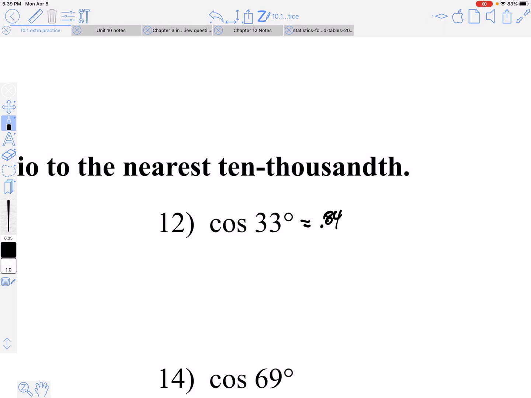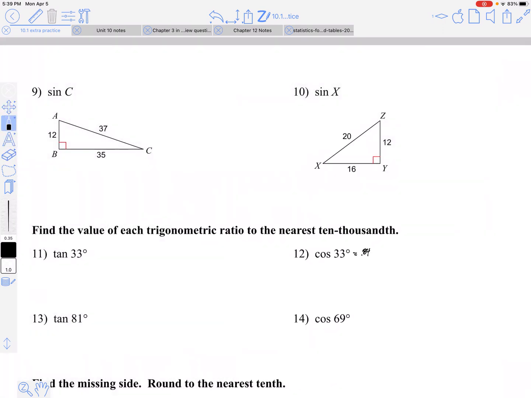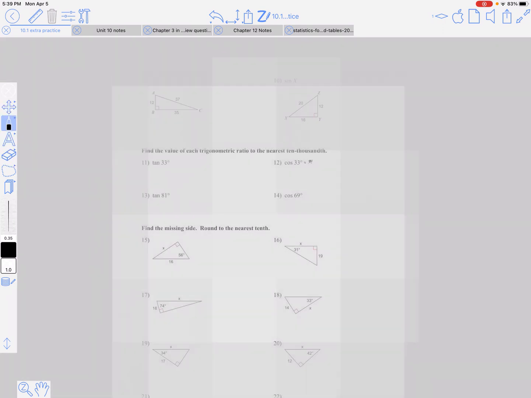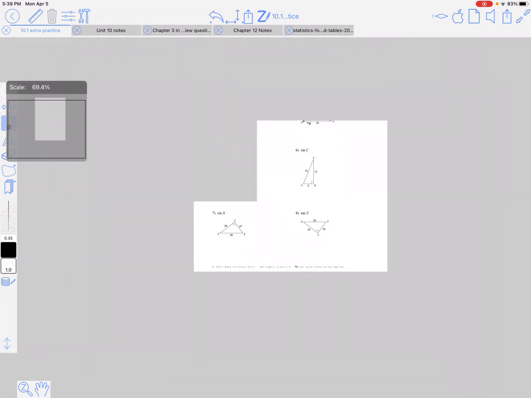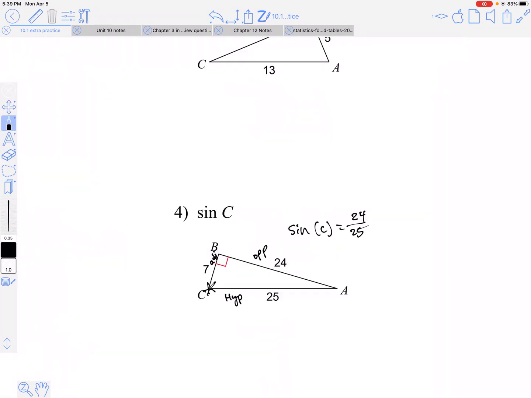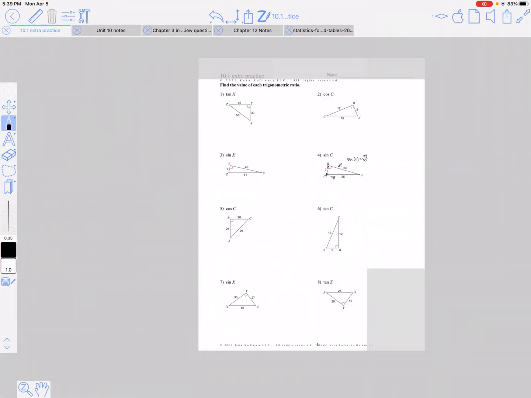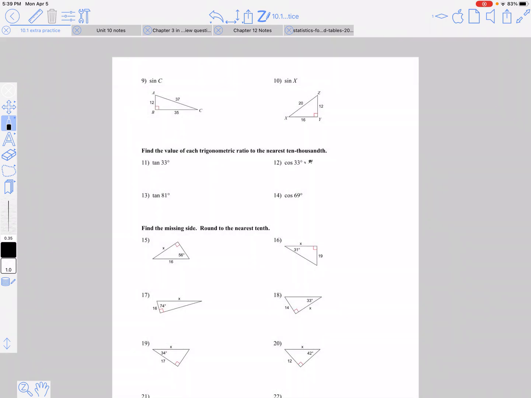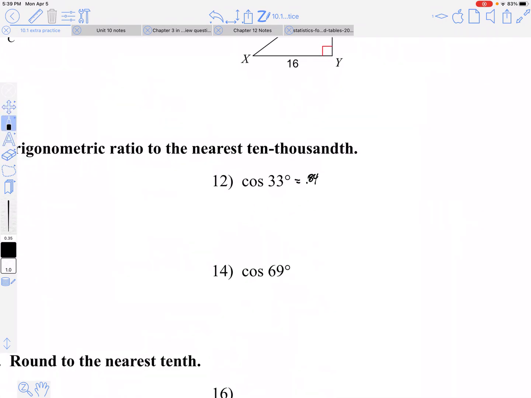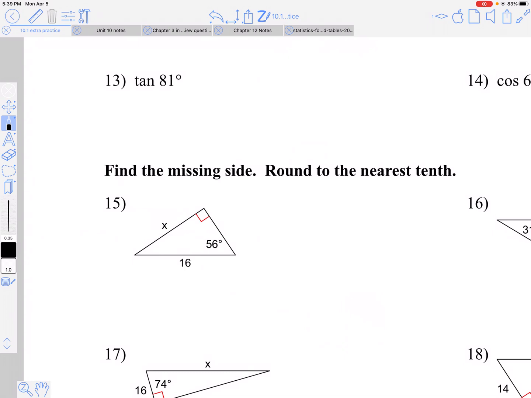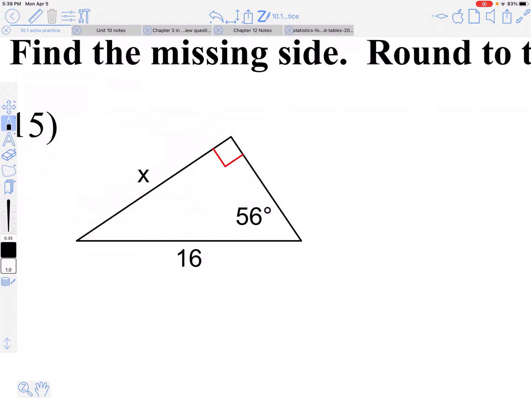I didn't change it to a fraction or see if it could. They won't always be in fractions, because like 24 over 25, if you remember when we did that one, we could put that in our calculator if we wanted to and find out what those degrees are, but the calculator is going to give you a decimal answer just because that's how it's programmed. Okay. All right, so let's take a look at 15.